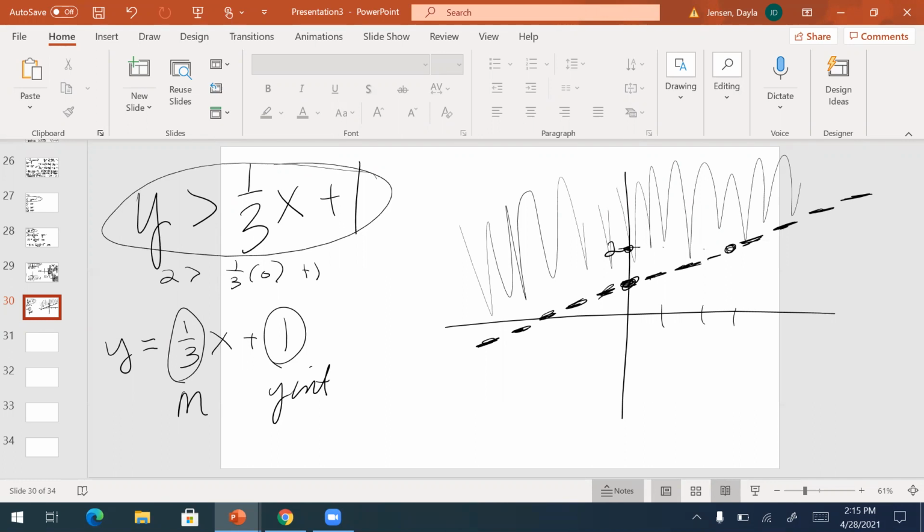What about 0, 0? Is 0 greater than 0 plus 1? No. That's why below the line is not the solution set. So this is the answer. Everything above that line, not including the line, will satisfy.